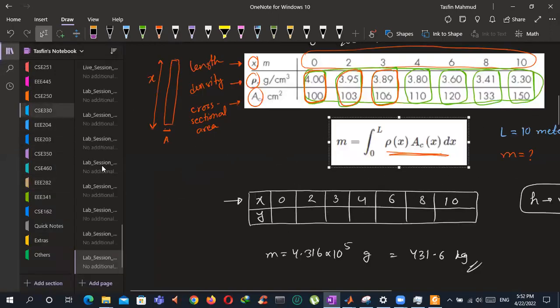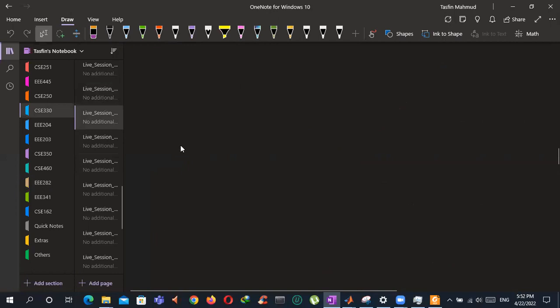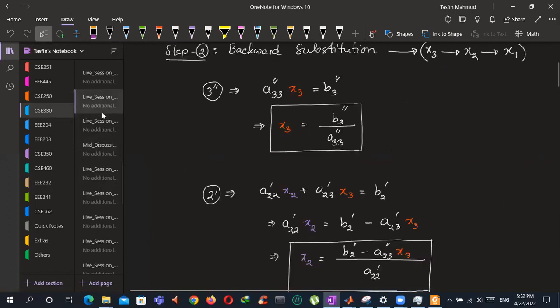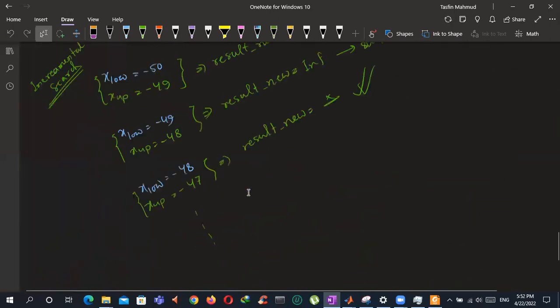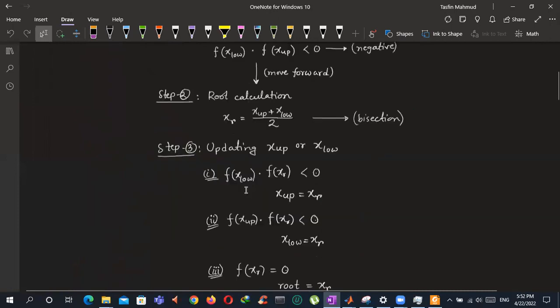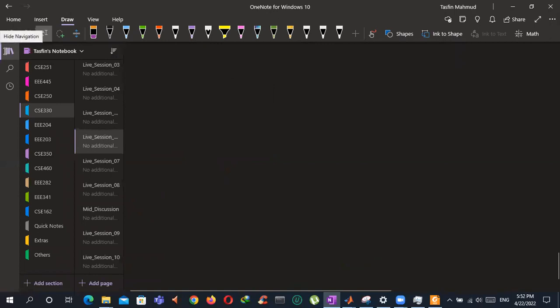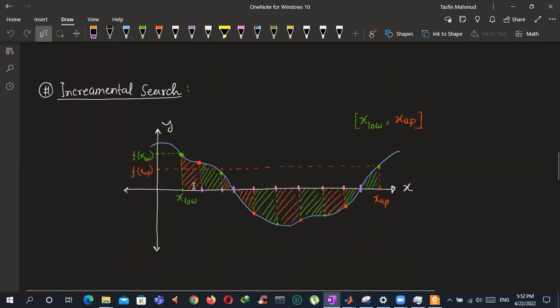If you can recall, in case of incremental search, if our lower range and upper range is given, we have to segregate the whole range into smaller regions, in smaller segments.